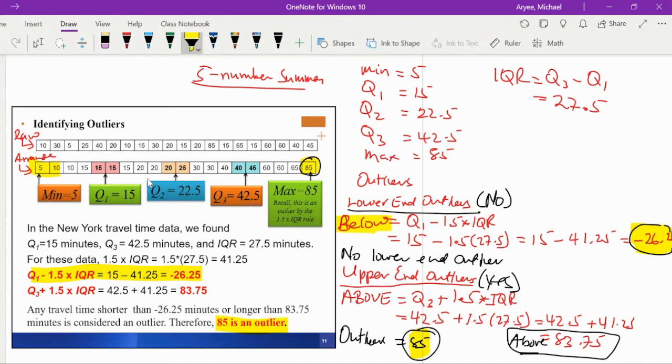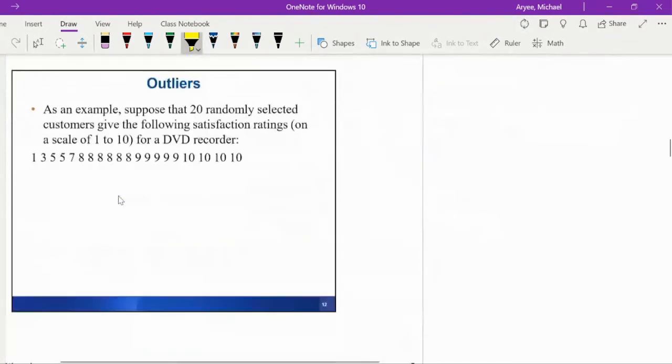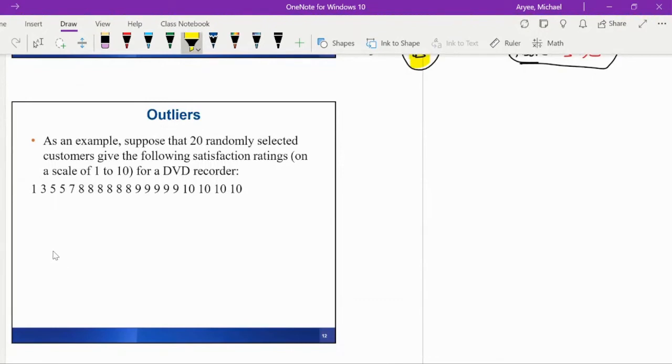So that's why we said there is no lower outlier. But we did have an upper end outlier. That makes a lot of sense. Thank you. Very good. And usually when they ask for outliers in a data set like this, they are asking for both the lower end and the upper end outliers together.